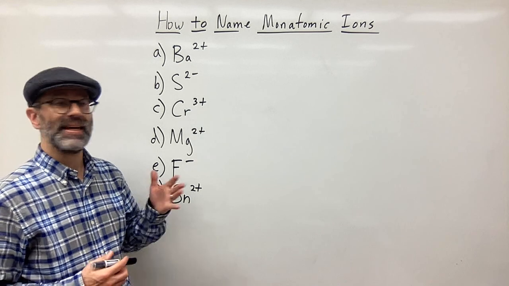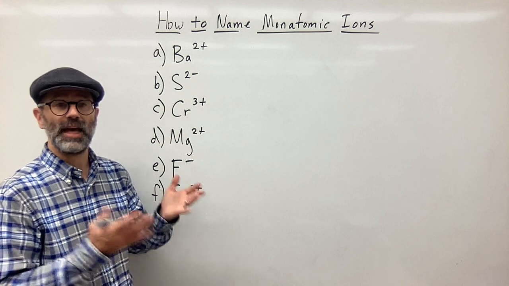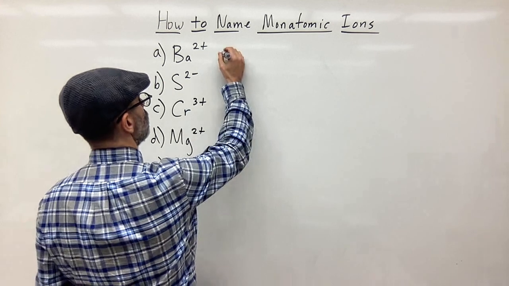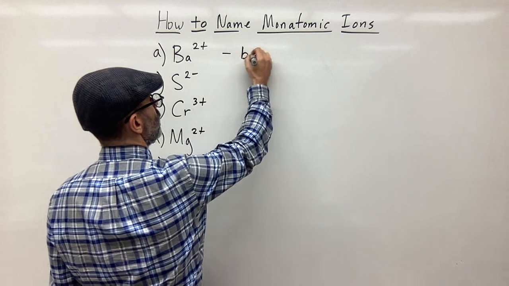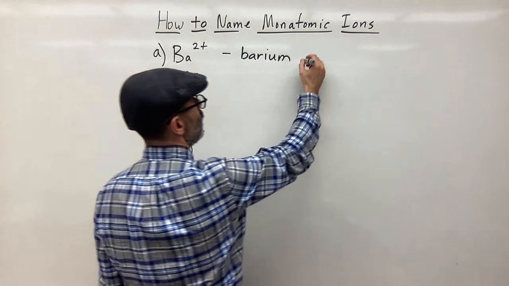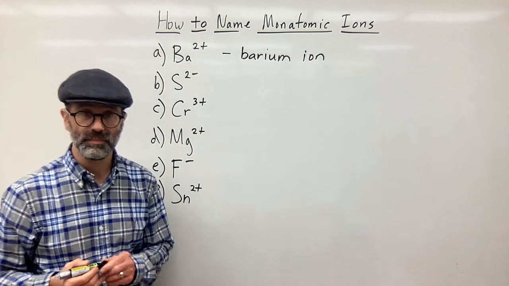So the name of this ion is just the name of the element plus the word ion. So we would name this barium, which is the name of the element, plus ion. So it's the barium ion.